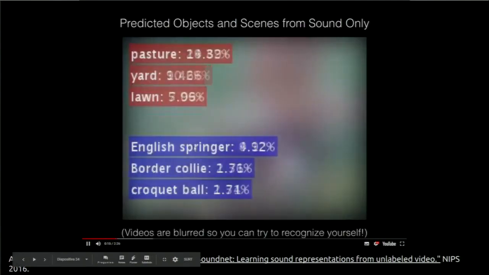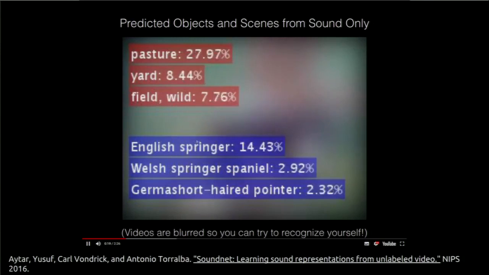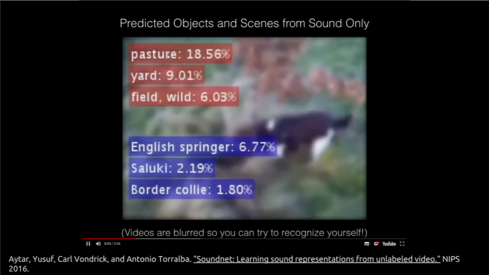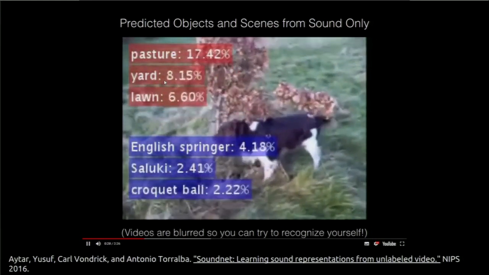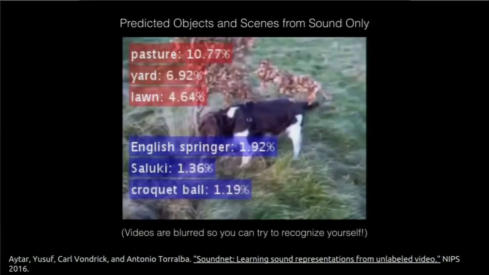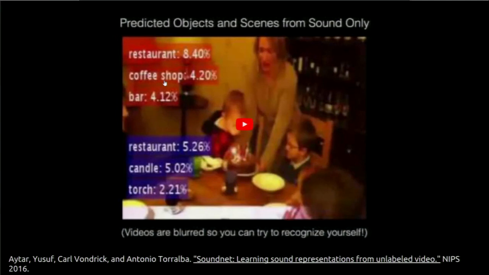One of them is objects, basically dogs, it's ImageNet, and these are Places. But the predictions that you see are based on audio only, and there was never any annotation of those videos. The only annotations that we exploit here are the ones from ImageNet, but they are not from this data set at all.